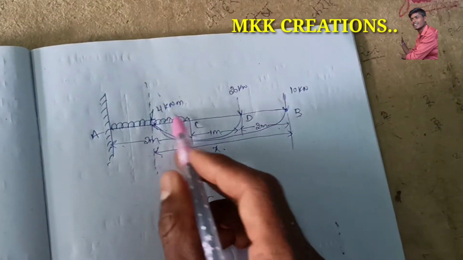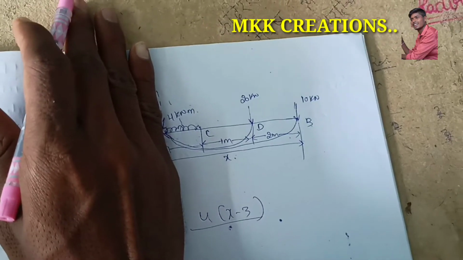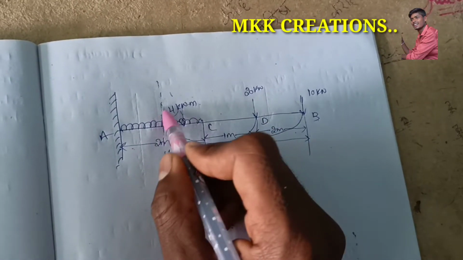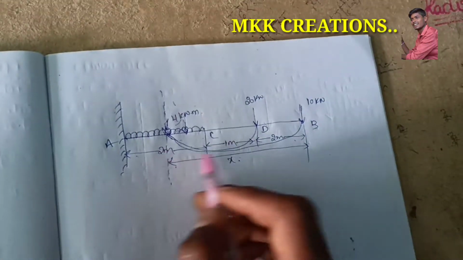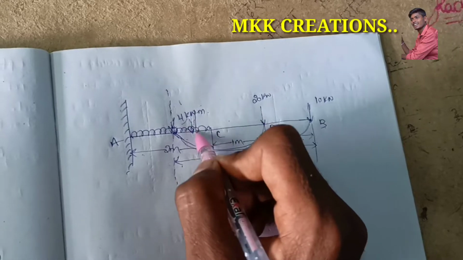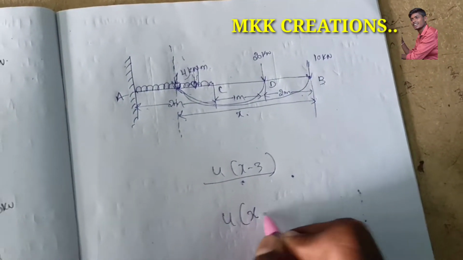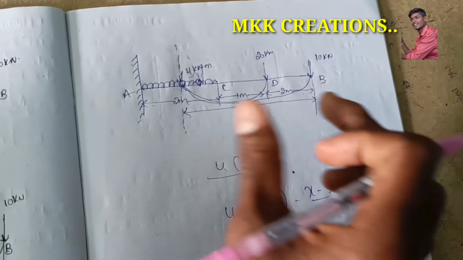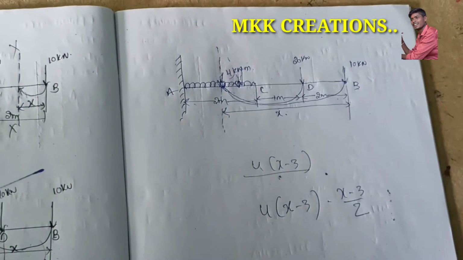So this load is acting at the central axis, so we consider this one only. In the bending moment diagram we will write (x minus 3) into (x minus 3) by 2, because (x minus 3) is acting at the center. So this is the calculation of bending moment.